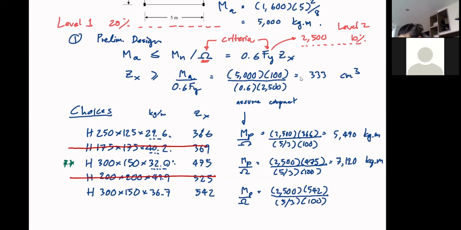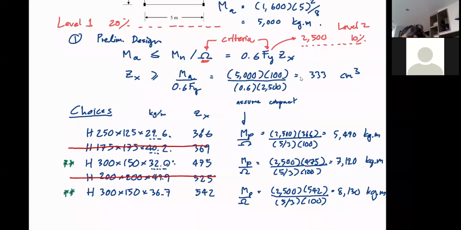So this I got 542. So that's 8,130 kilogram meter. So I am very interested in this one as well. But notice that all three pass the strength criteria.